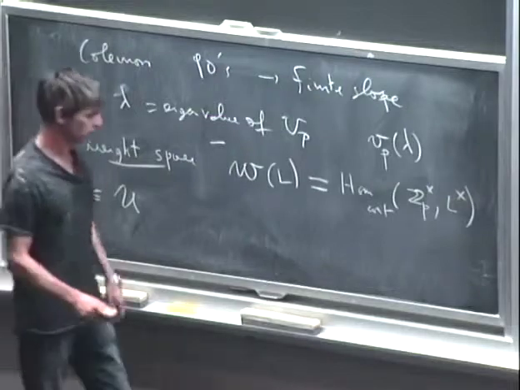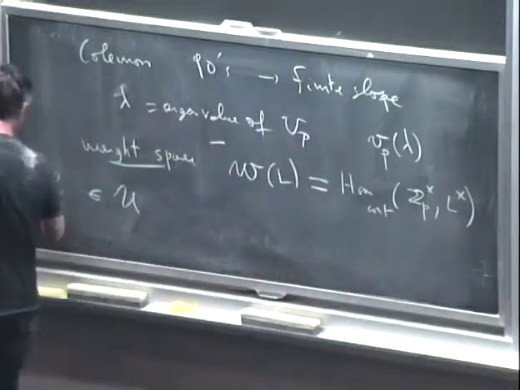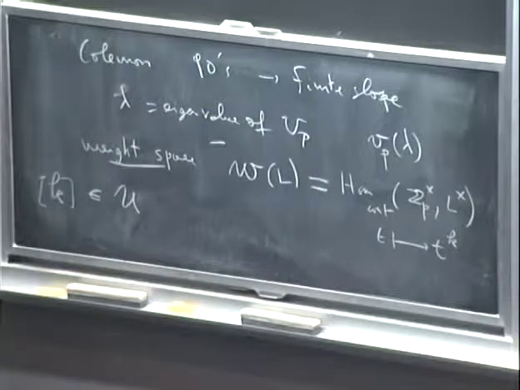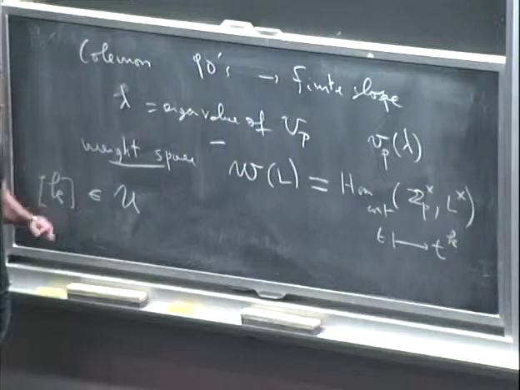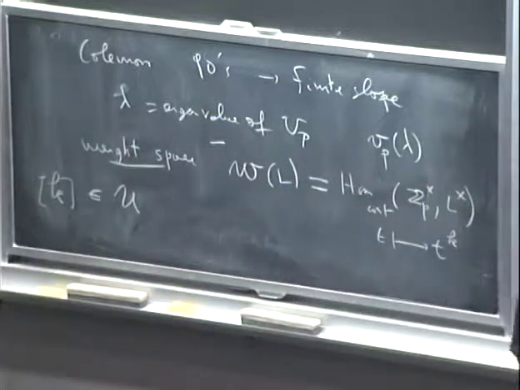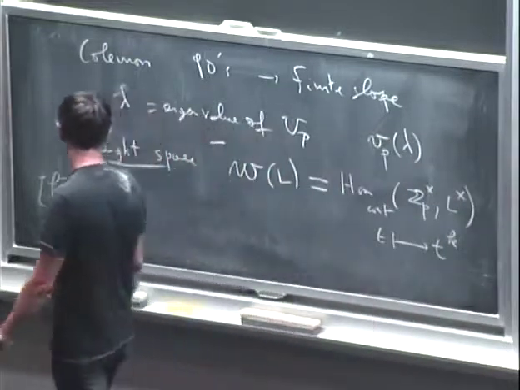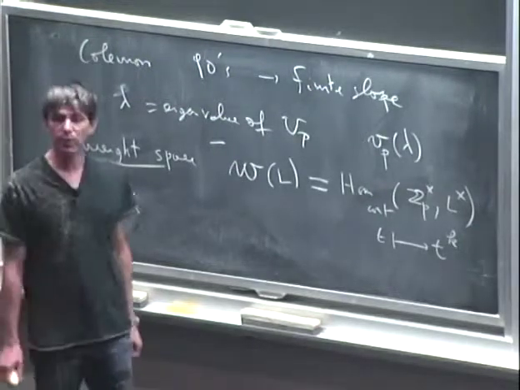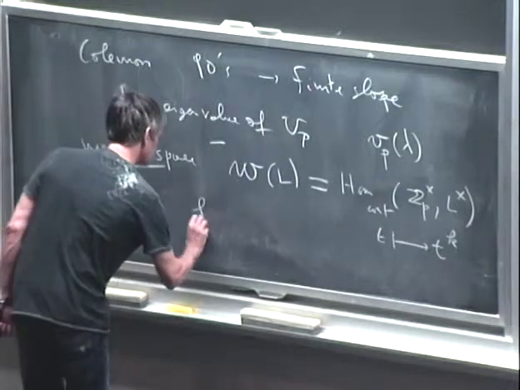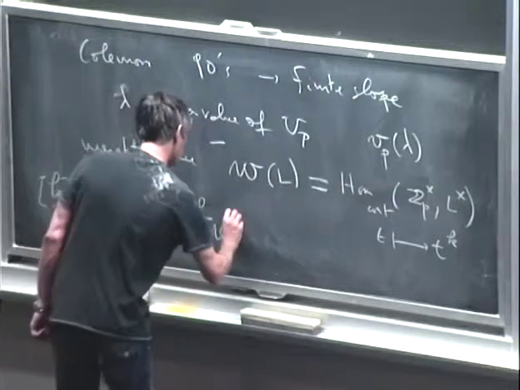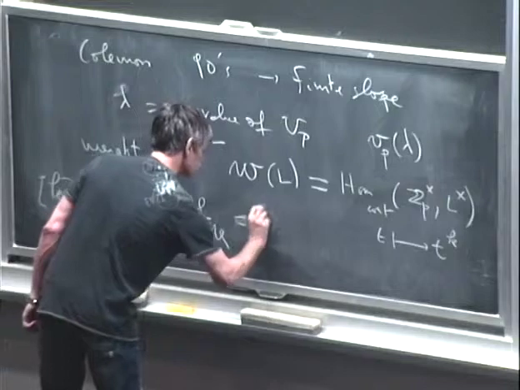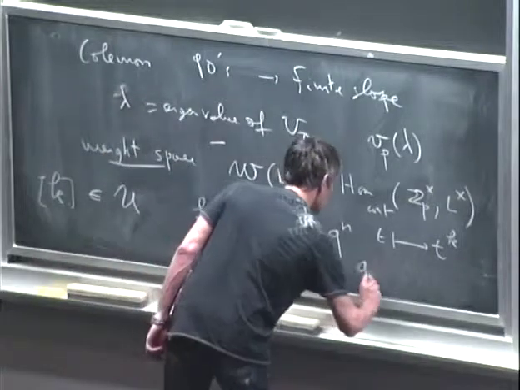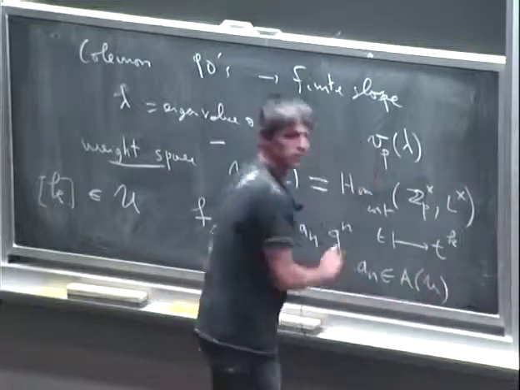What Coleman proved is that if you take a weight k and a modular form of that weight, which is finite slope, then you can find an affinoid neighborhood U of this weight, and you can find a formal q-expansion sum of a_n q^n, where the a_n are analytic functions on this affinoid.